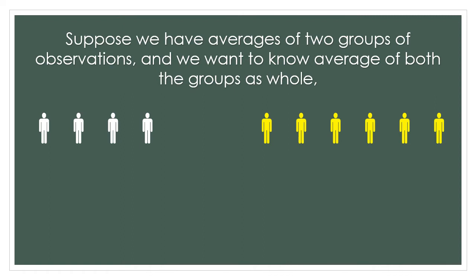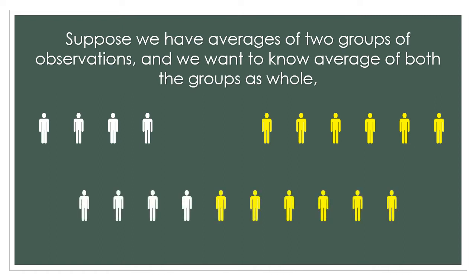What if I want to know the average age of both the classes combined, that is 10 students? I don't have their individual ages, I don't have any other data, I just have the average ages of both the separate classes with their strength, and I want to calculate a combined average. So in this situation, the combined mean comes into play.